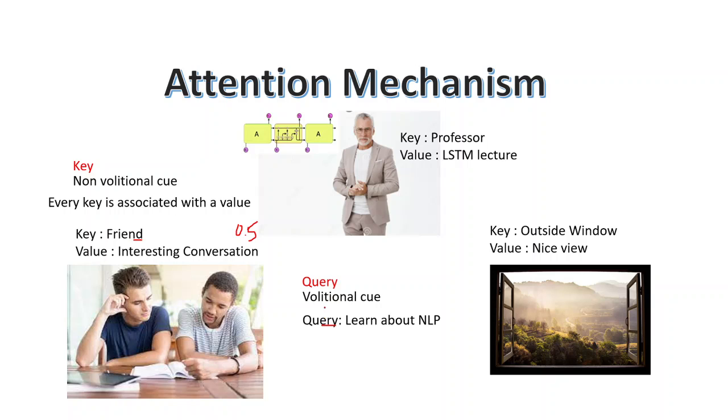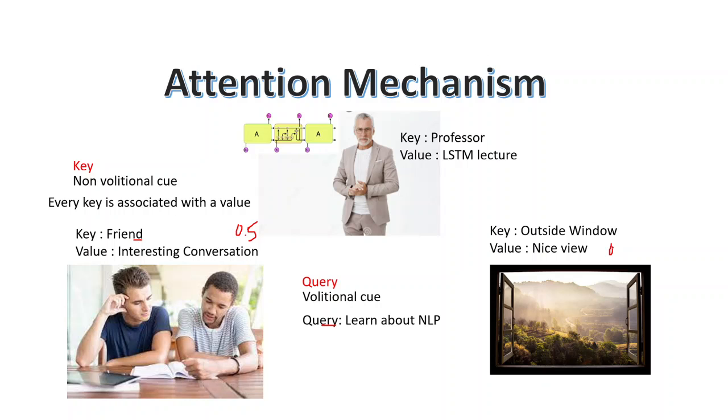Then you associate this query with the key outside the window. So outside the window is offering you something interesting, some nice view or something like that. But that is again very much distant from your query, which is NLP.